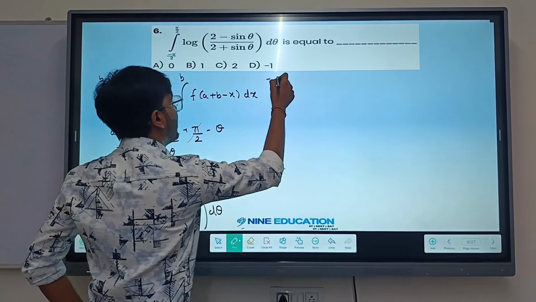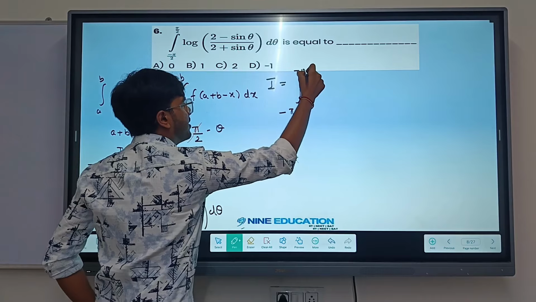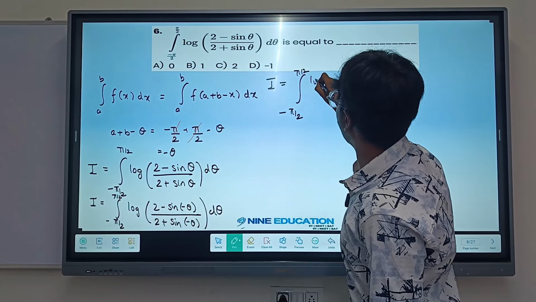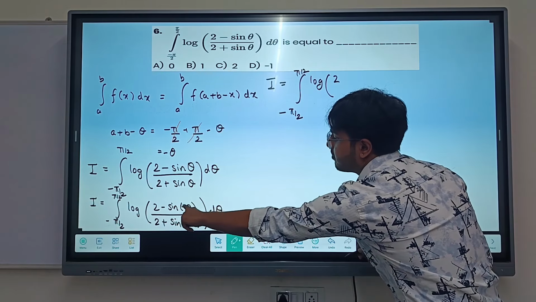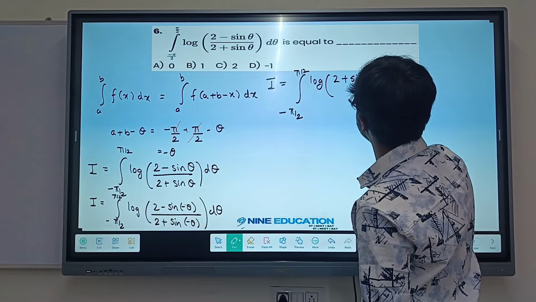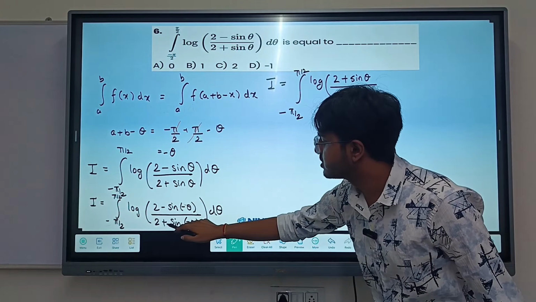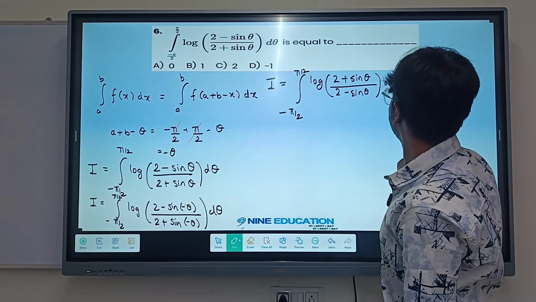So what will I have? I as integration minus pi by 2 to pi by 2, log of 2 plus sine theta divided by 2 minus sine theta d theta.